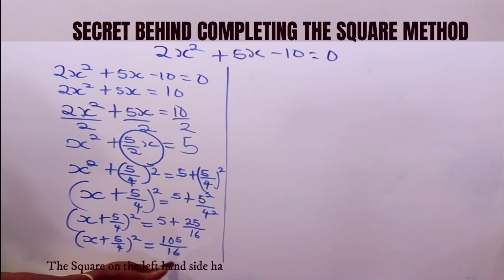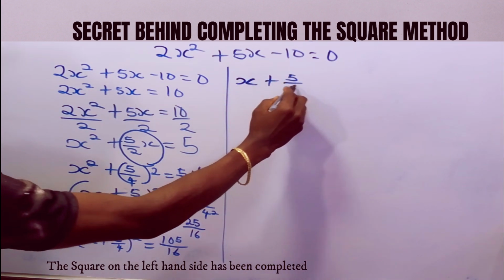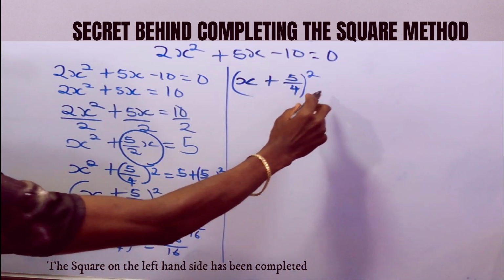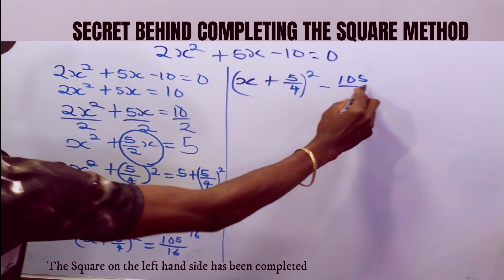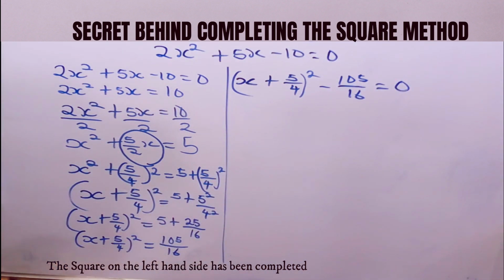Bringing 105 over 16 back to the left hand side, we'll have x plus 5 over 4 all squared minus 105 over 16 equals 0.